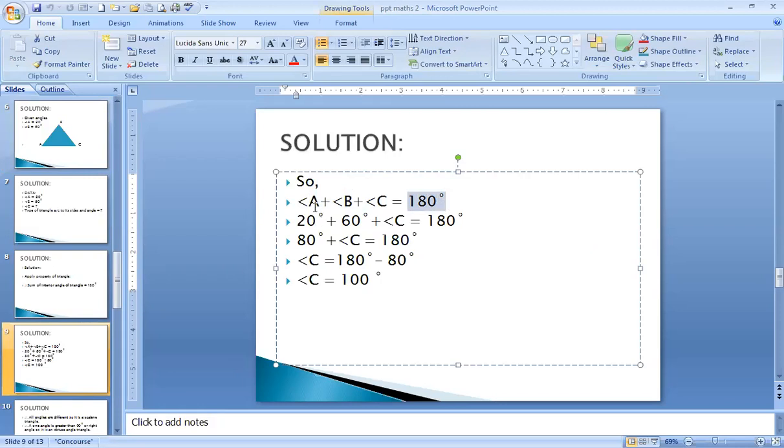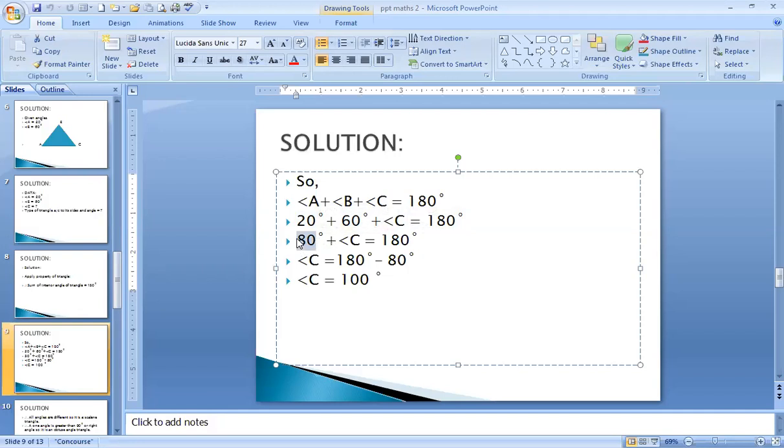Now put down the values of angle A and angle B, in which angle A equals 20 degrees and angle B equals 60 degrees. We have to find the value of angle C, whose value is unknown. When we sum up these two values, 60 and 20, we get 80 degrees.